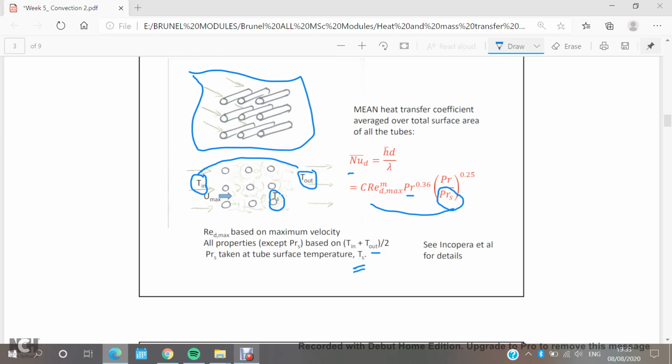So I have here U, which is the velocity of the free stream of the fluid, and I have the temperatures in and out.